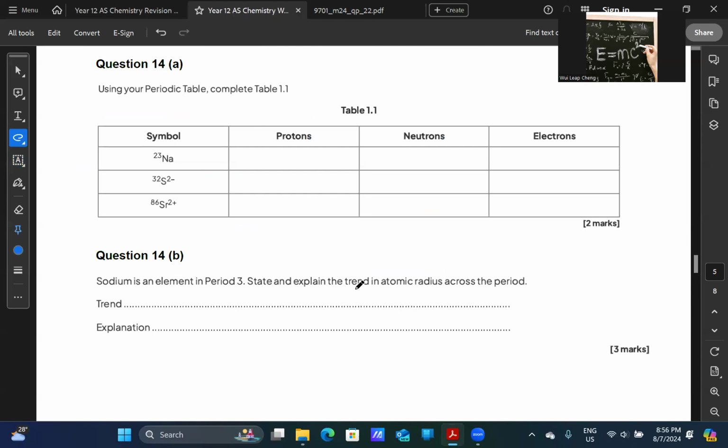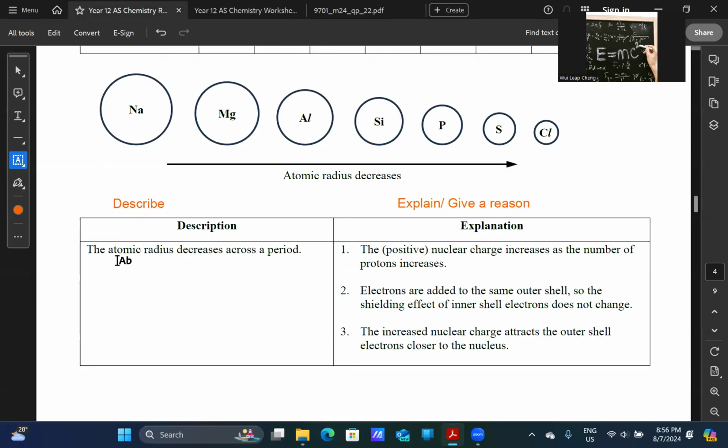State the trend. So when you see the command word state the trend, what is the answer across the period? The answer is the atomic radius decreases across a period. Then you will get 1 mark from there. Don't provide the explanation. Okay, so you have to get yourself familiar with the command words listed from the Cambridge exam.